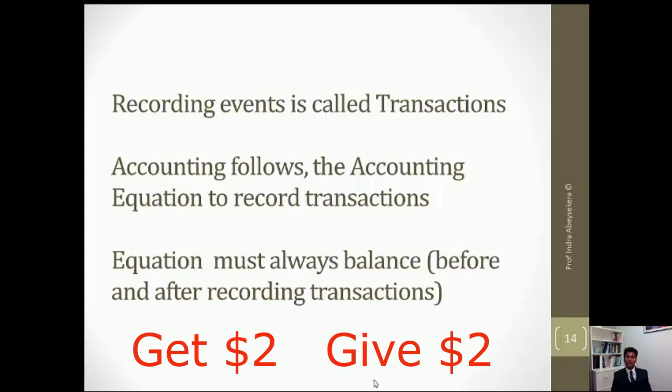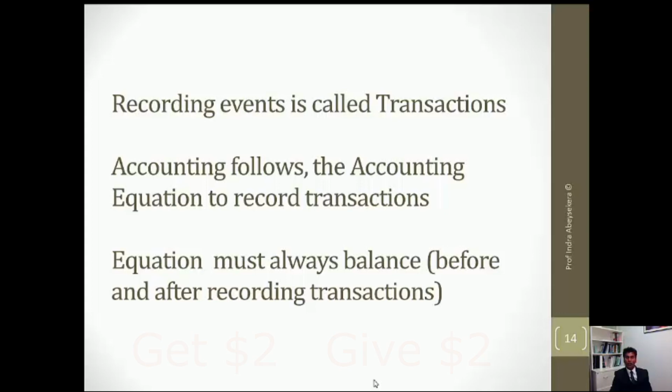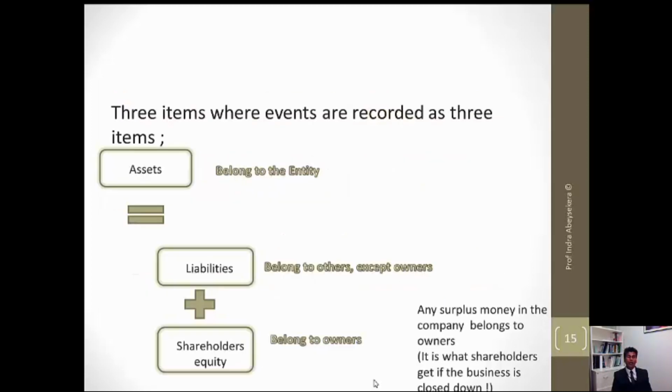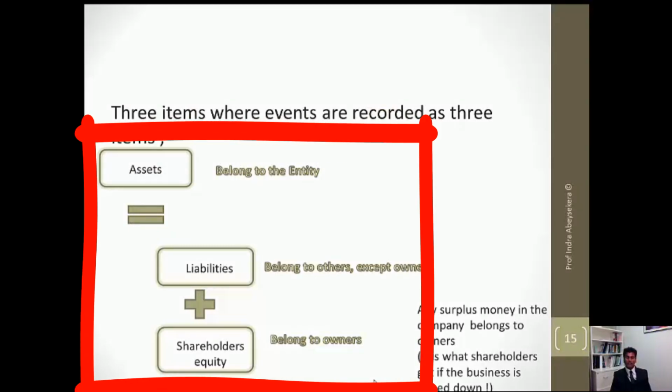So it balances. In accounting, when we record information, it balances. In this equation, there are three sides. One is called assets. That is one type. The second is liabilities. That is the second type. The third is the owner's equity or the shareholder's equity.